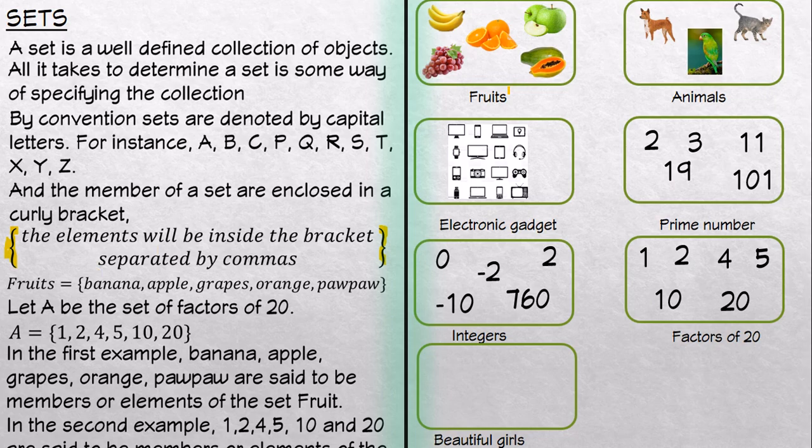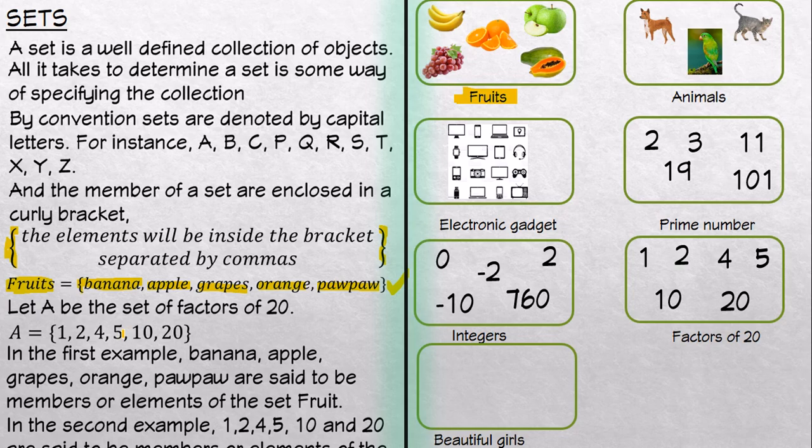For example, with this set of fruits, you have an open curly bracket, then banana, comma, apple, comma, grapes, comma, orange, comma, purple, then close the curly bracket. So these are the elements that we have in the set that we have labeled as fruits.